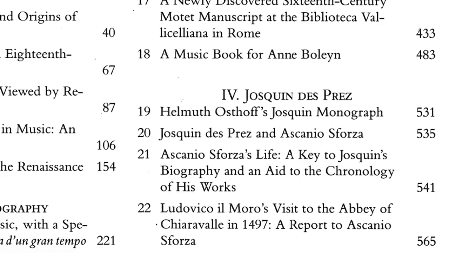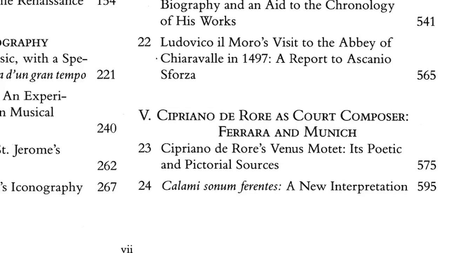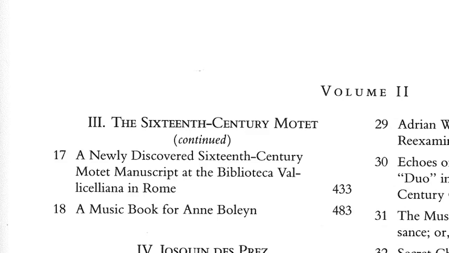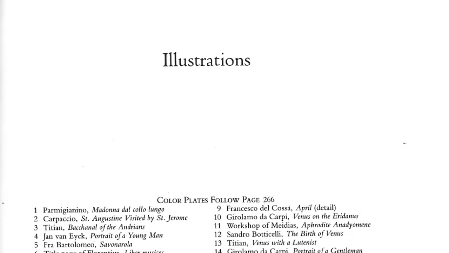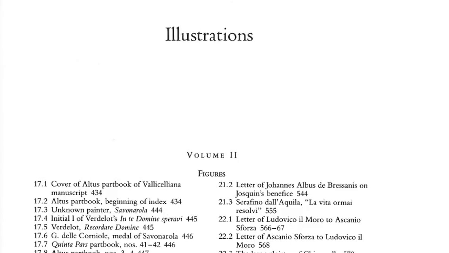The table of contents in the first volume includes contents of both volumes, while the one in the second volume shows only the contents of the second volume. The same goes for the tables of illustrations in the 2 volumes. Like the previous work, there is no table of the numerous musical examples.